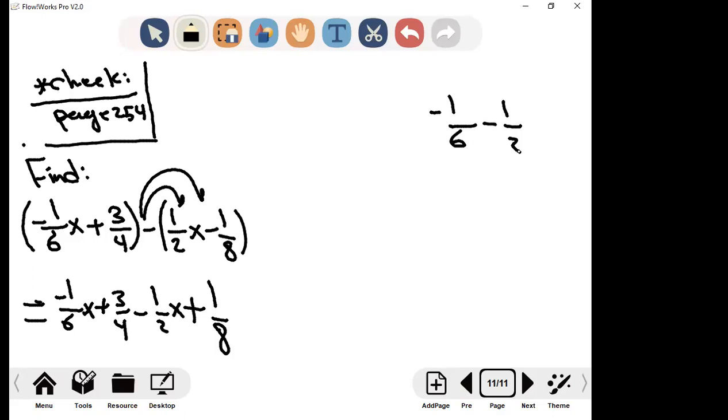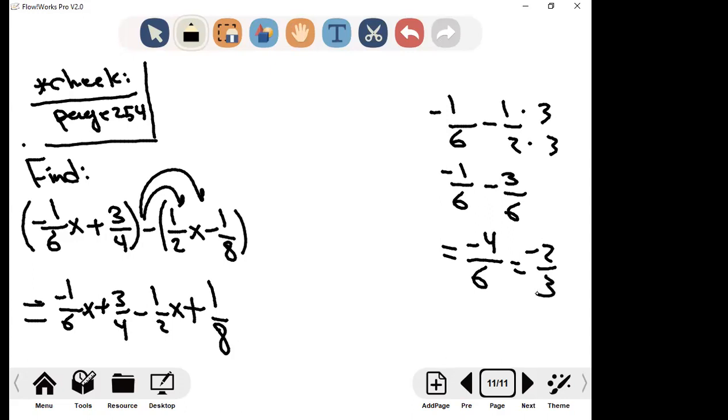Now the 2 can become 6 by times 3, up and down. It will be negative 1 over 6, negative 3 over 6, right? Means negative 1, negative 3, divide up and down by 2, it will be negative 2 over 3. So negative 1 over 6x, negative half x, will be negative 2 over 3x.